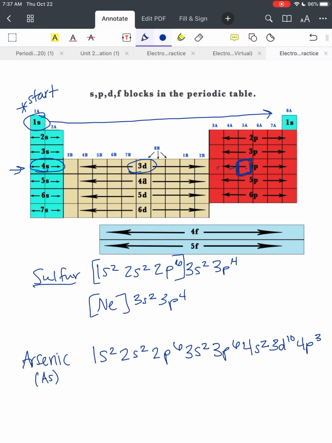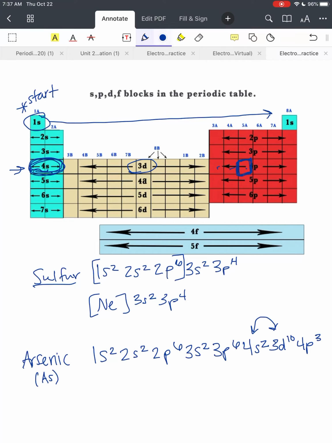One thing I saw, I don't know if you were trying to put the numbers in order. A lot of people tried to swap this 3d and 4s, maybe so all your 3s were together and then you went to the 4th. But remember, the reason 4s comes before 3d is that as we're adding electrons, our elements are changing and they have more and more electrons, and it's actually easier for them to fill up this 4s energy level first.